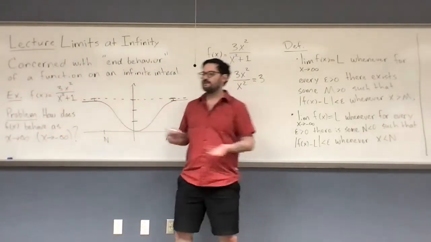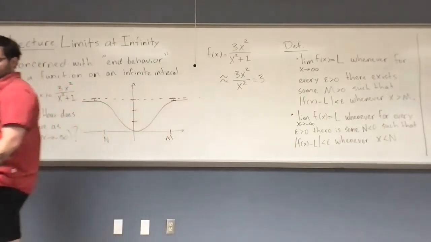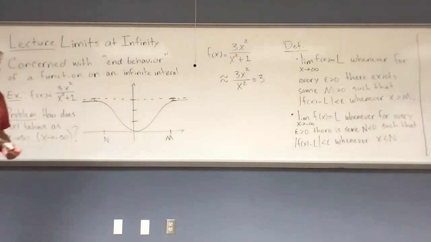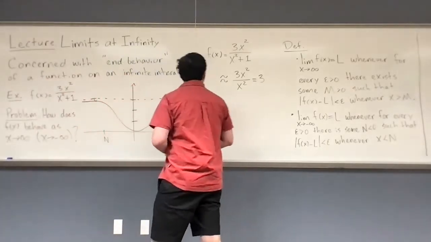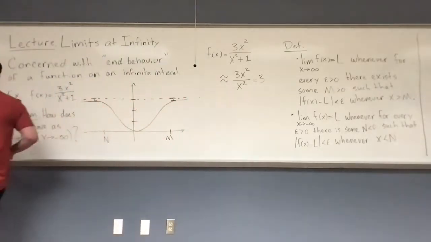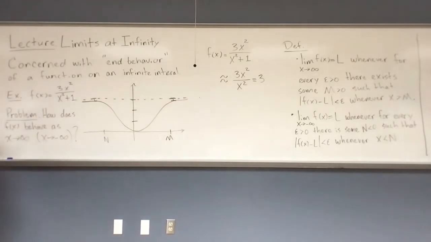Okay, so these are the first definitions that we're going to work with in this lecture. Okay, so all right, what can we do here? I need to erase this because I have another definition that I need to introduce.